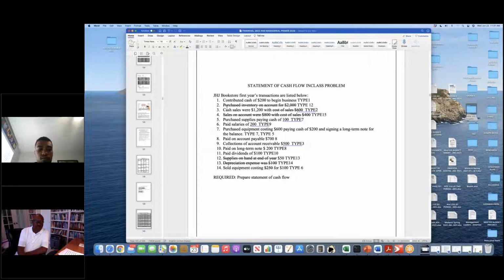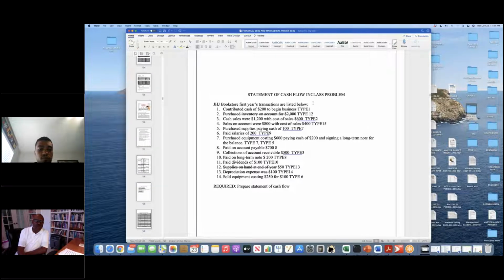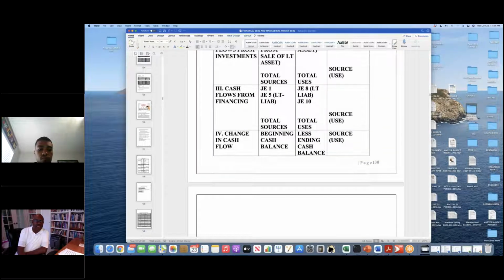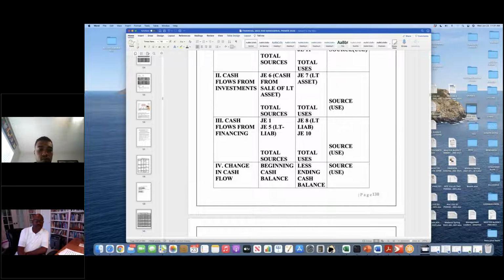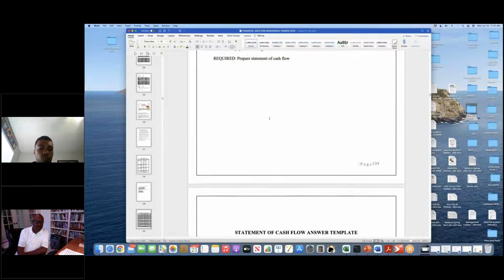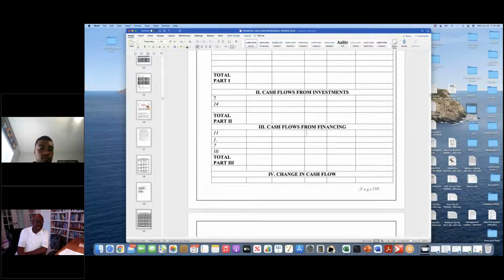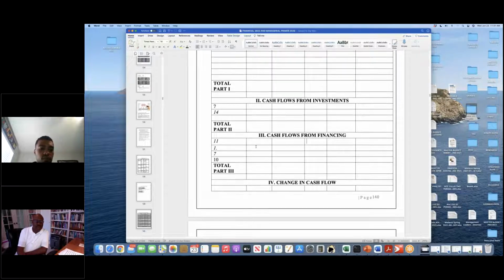So what we do, contributed cash. That's a type 1. Type 1 go into part 3 as a source. So for the first one, that is going to be a type 1.